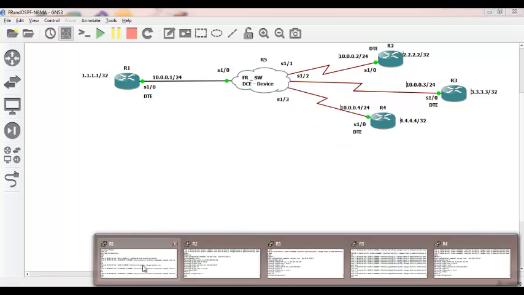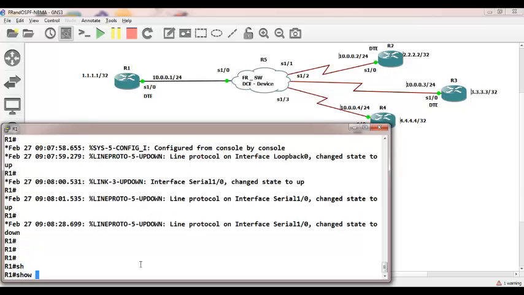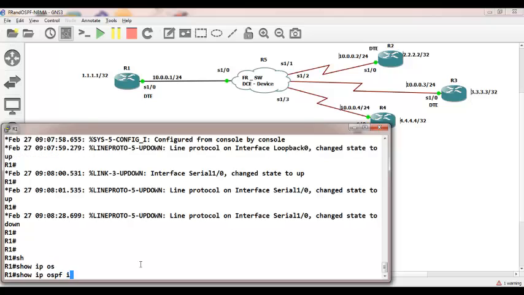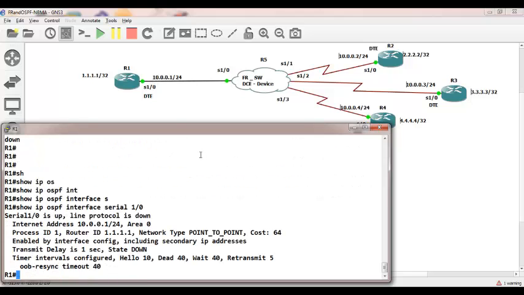I'm on R1. You see, right now, show ip ospf interface serial 1/0. I'm showing the OSPF status on this interface. Look at this. It shows what? Point to point. Is it showing non-broadcast?